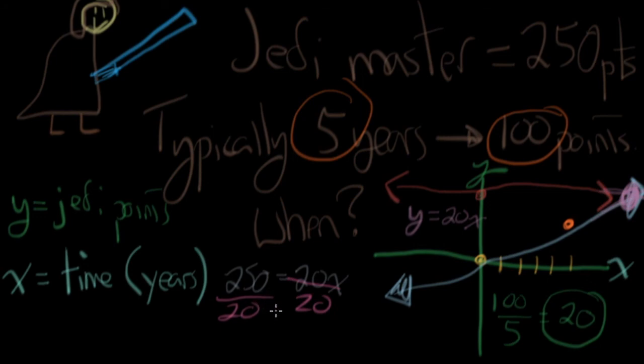What's that going to be giving us? About 12 and a half, something like that. So 12.5 equals x. And that means midway through the 13th year, Padawan Douglas would become a Jedi Master.